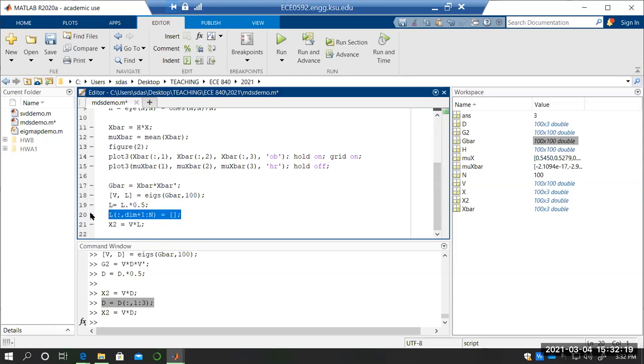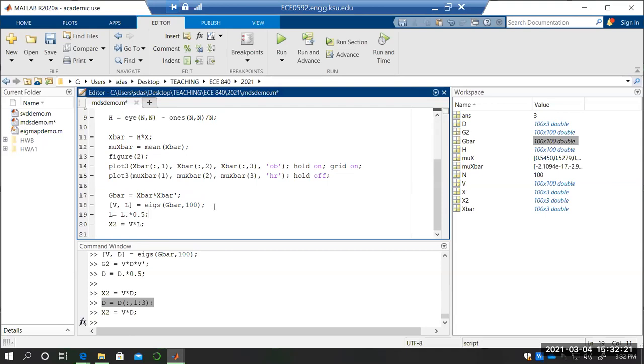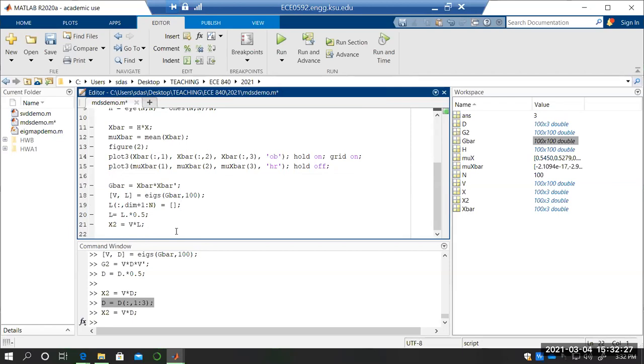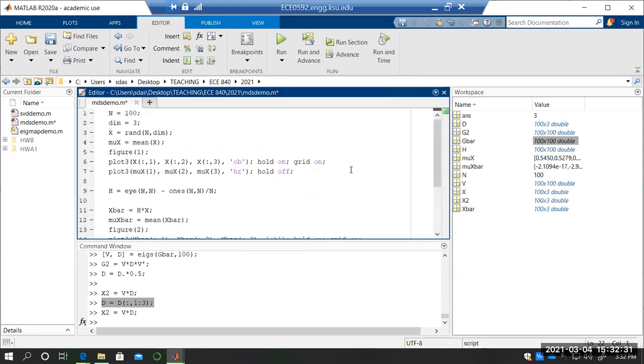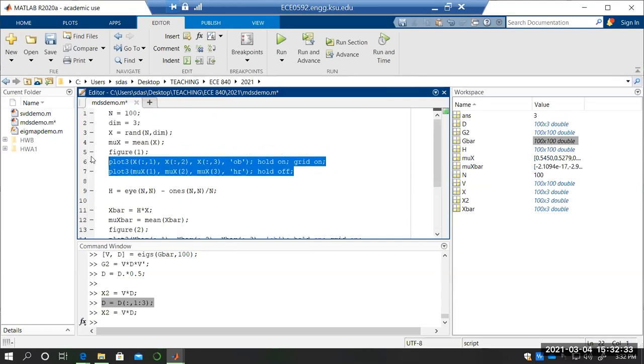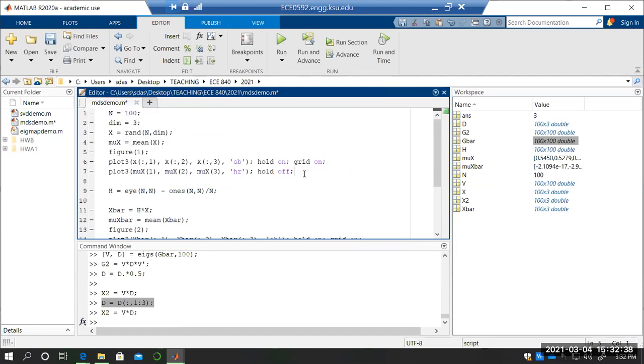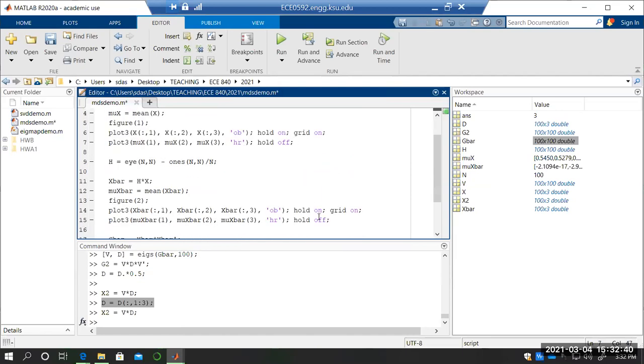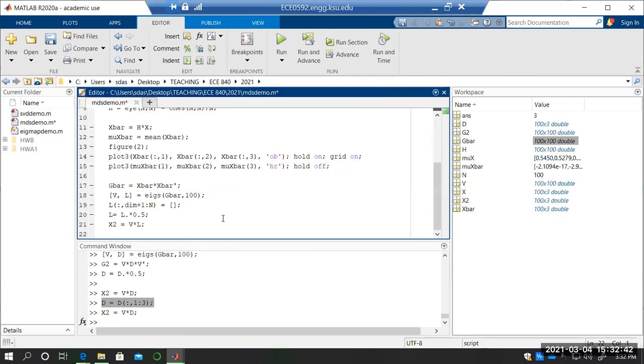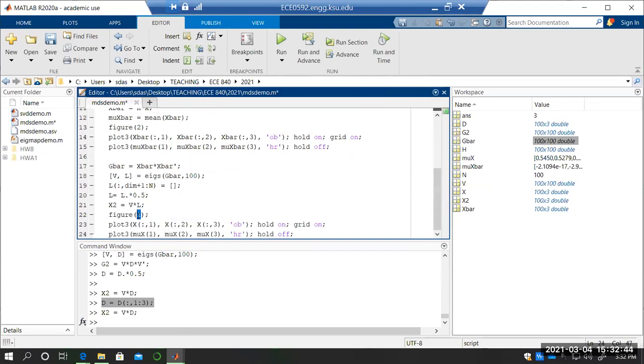In fact, we can do these operations in this sequence. X2 equals, and then figure 3, plot these.